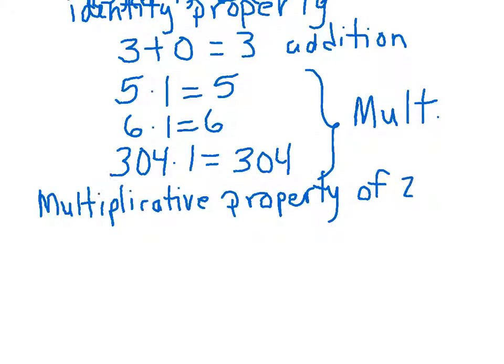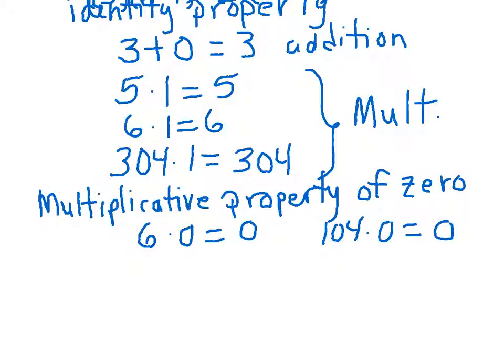And again, if you don't panic by all the big words, what is it asking you? It's saying, what happens when you multiply a number by 0? You get 0. Well, they decided to call that the multiplicative property of 0. So 6 times 0, what does it give you? 0. 104 times 0, that's going to give you 0. It's not really that exciting, but it is a property that you need to learn. It's kind of an easy one because again, it's nothing new that you haven't seen before.